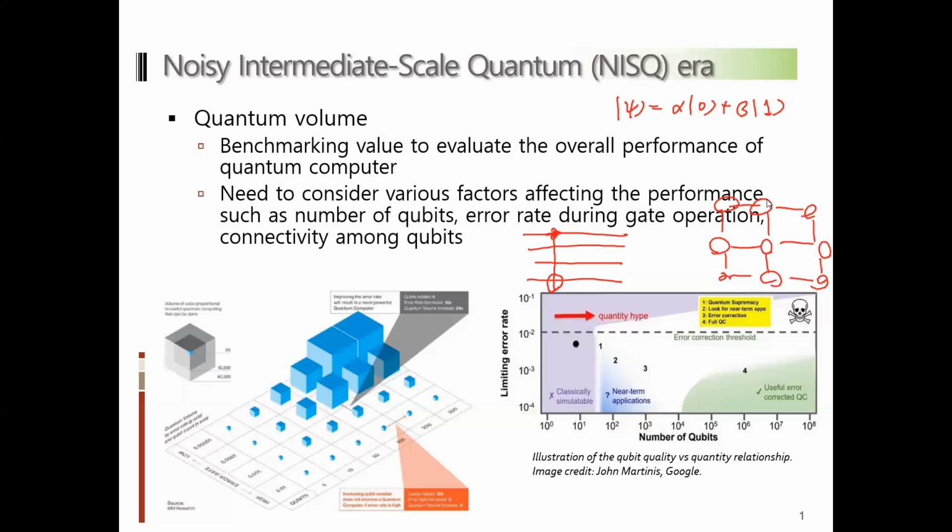However, the point is, if you have this kind of limited connectivity, then the performance of the quantum computing will be limited. So connectivity is another factor you should never forget when you are estimating the quantum volume.